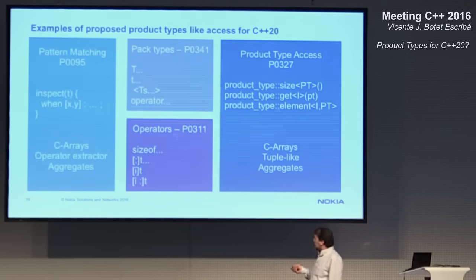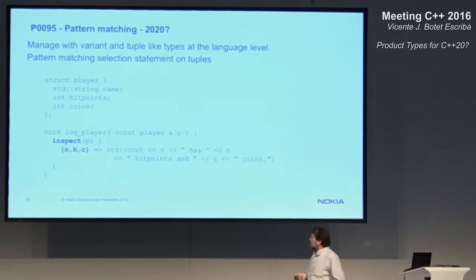We have a proposal to access the elements using some operators based on Python syntax. And we have something that looks like a tuple-like access, but that also considers the types that are covered by structure binding.